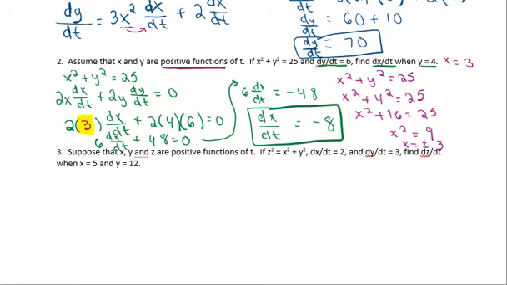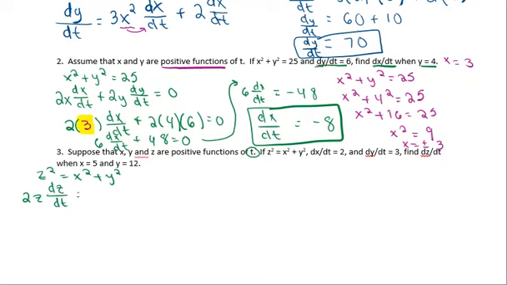Let's start with our equation and then we'll work it down. So our equation says z squared equals x squared plus y squared. So that's our equation from right here. So let's take our derivative. Everything is with respect to time. So z squared, bring down your power, subtract 1, dz/dt.